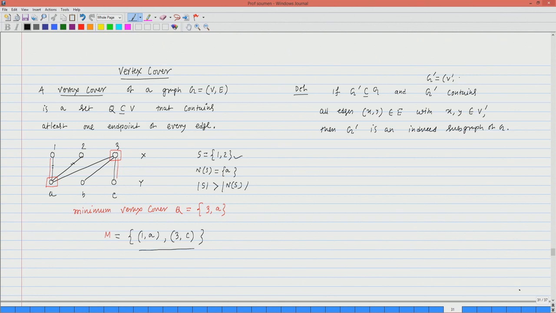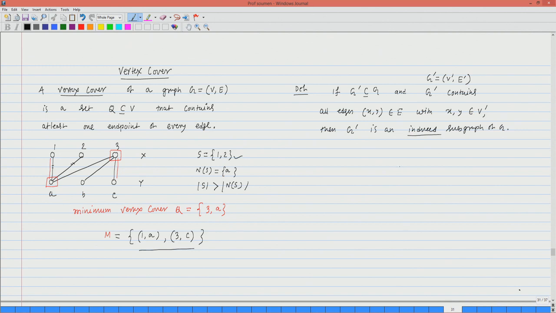So, we know sort of what is a subgraph, and this is what I am trying to define: the subgraph induced by a vertex set V prime.